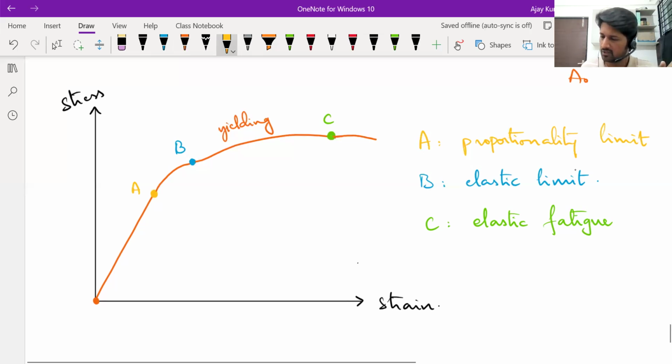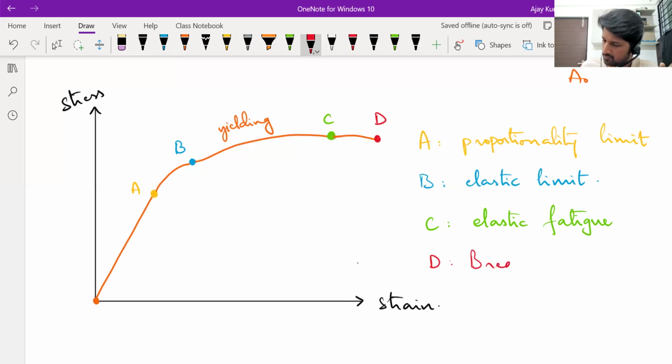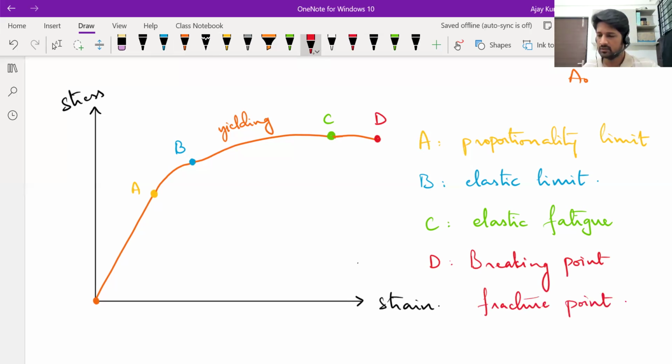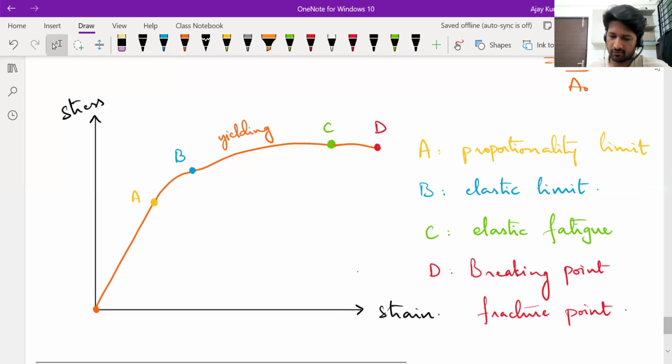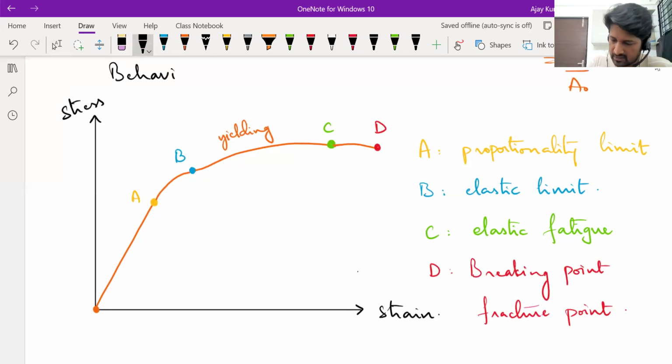So the final point on this graph is the breaking point or the breaking stress, or sometimes they also call it the fracture point. So this is the behavior of a stretched wire under increasing stress.